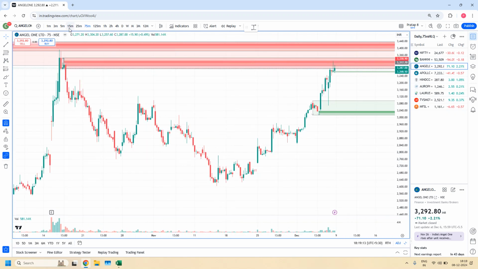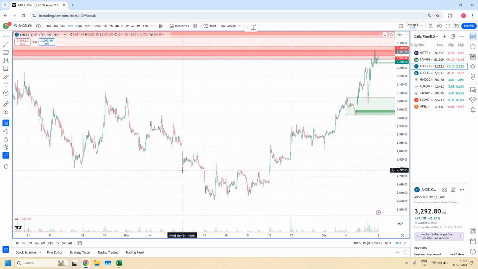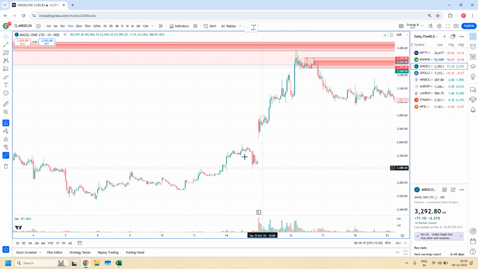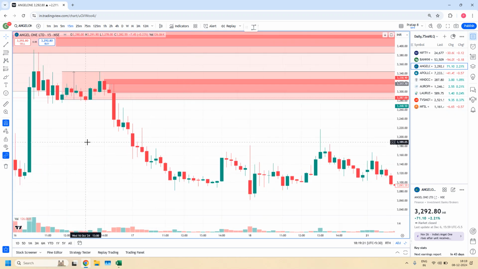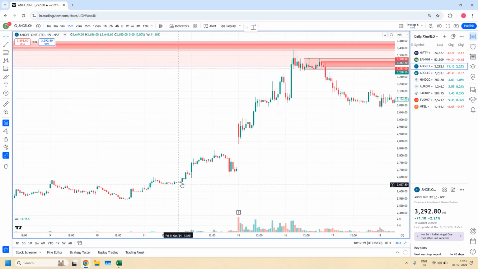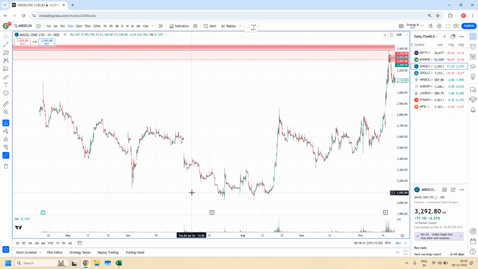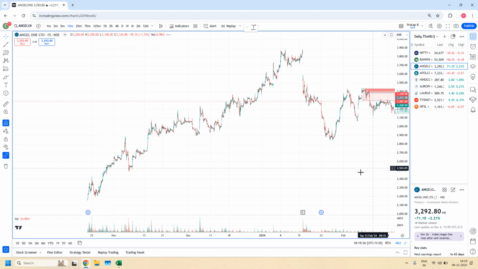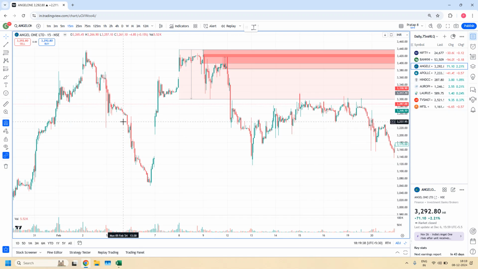Now this one is again fine-tuned with the 15 minutes time frame within the 75 minutes time frame. How do we fine-tune? Here we have a drop, a base, a drop. Similarly, here also we have a 15 minute zone.